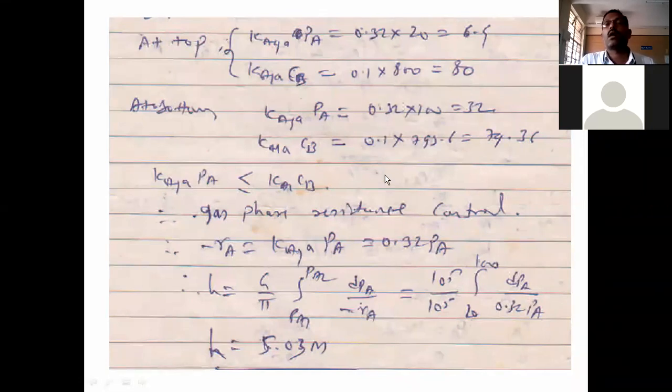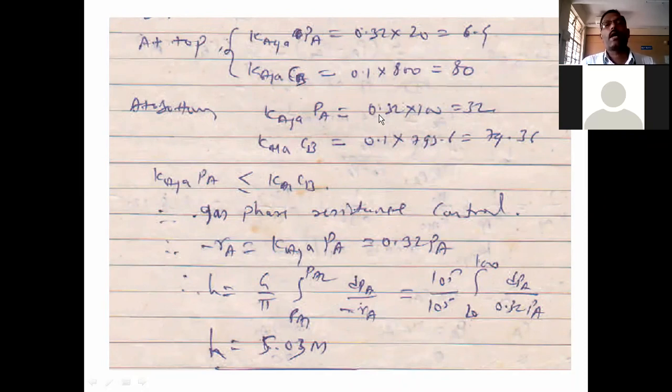So in the tower two regions are formed. At the top region gas film is resistance control, and at the bottom region liquid film is resistance control. So we need to calculate where the gas film resistance ends and where the liquid film resistance control starts in the tower.